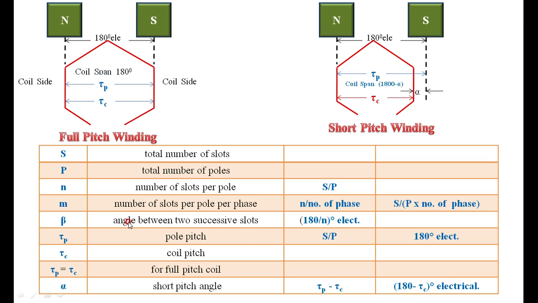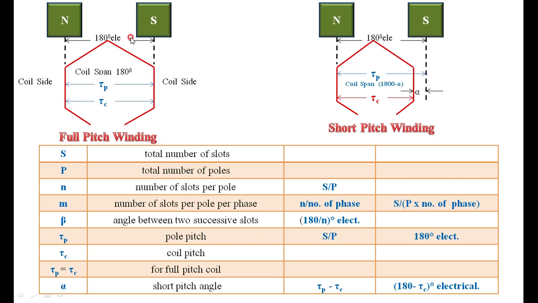Then beta is the angle between adjacent slots. For example, if the number of slots per pole between N to S is 6, what is the angle between the adjacent slots?